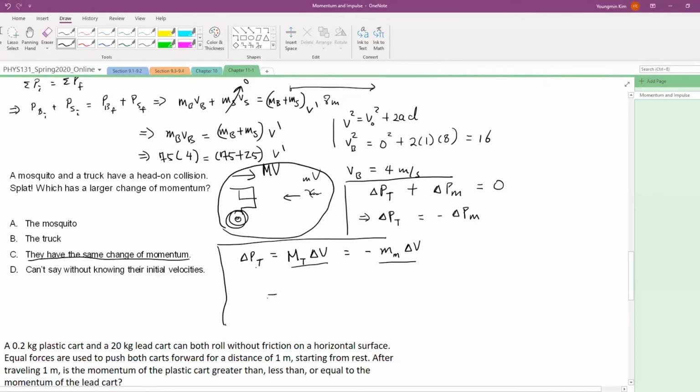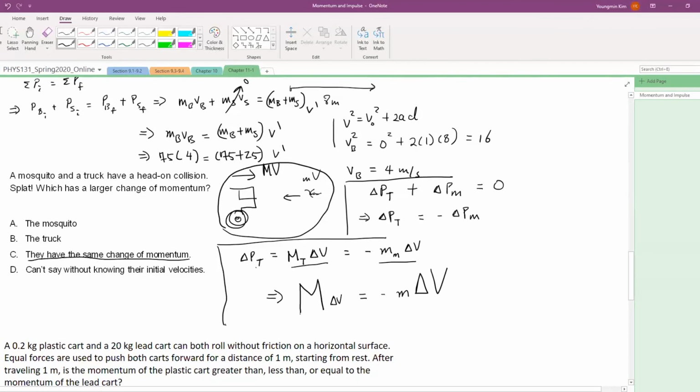Let me write this again here, just to give you a visual representation. The truck is massive. And we have an equal sign. The mosquito's mass is tiny. In order for these two sides to be equal, the mosquito will have to have a huge change of velocity compared to the truck in order to be equal.